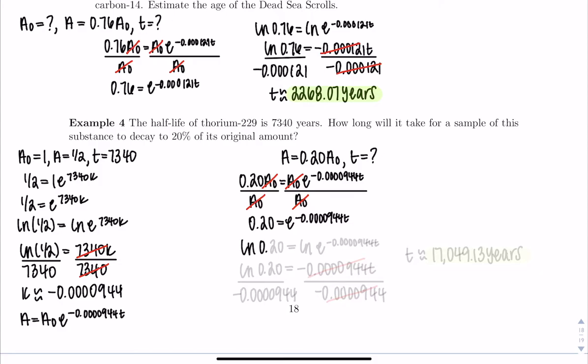We'll take the ln of both sides. And so on the right-hand side, the ln and the e essentially cancel. And we get ln of 0.2 equals negative 0.000944t.